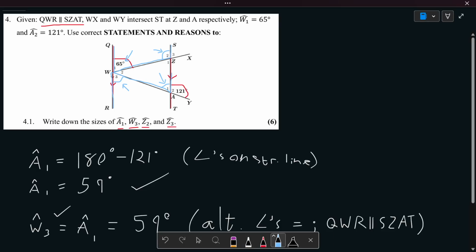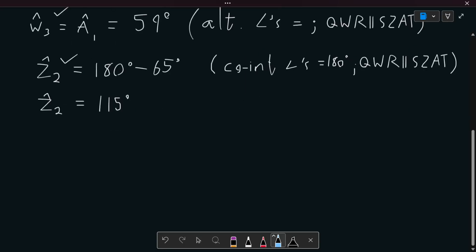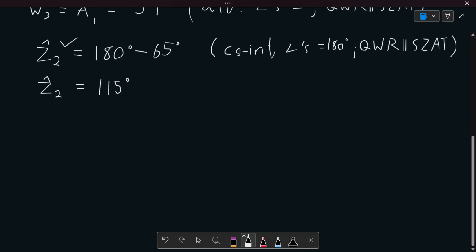Where is Z3? We can clearly see that Z3 is over here, and there's no difficulty with this one. Z3 and Z2 are on a straight line, so we can use angles on a straight line. Both of those angles added together will give us 180 degrees. So angle Z3 is equal to 180 degrees minus Z2, which is 115 degrees because we already solved for it.